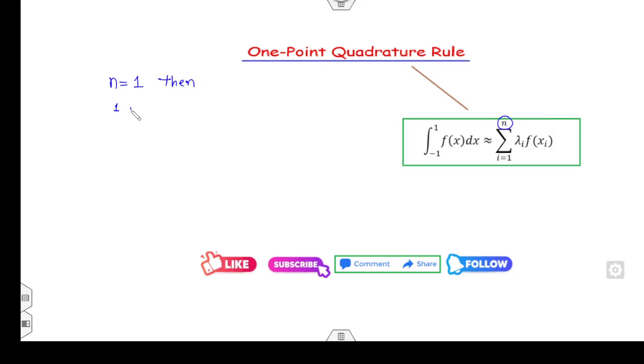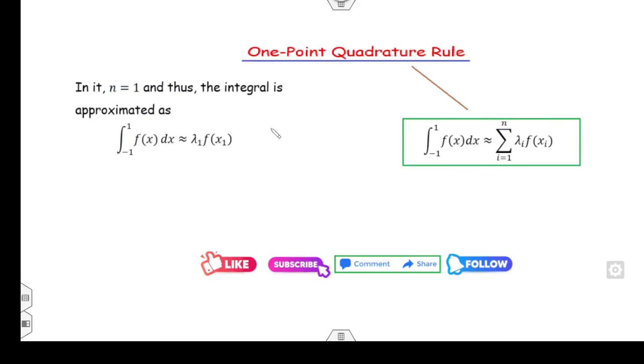This integration, that is the integral from -1 to +1 of f(x) dx, becomes, when n is equal to 1, lambda 1 f of x1. Is it fine? Then what is your target? Your target is to find the values of lambda 1 and x1.